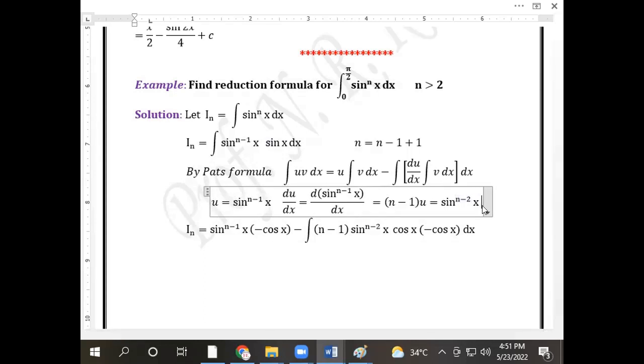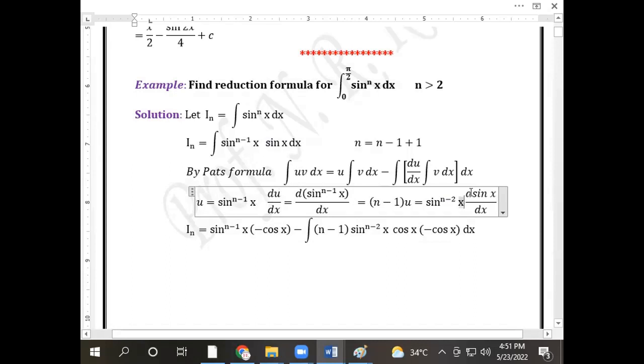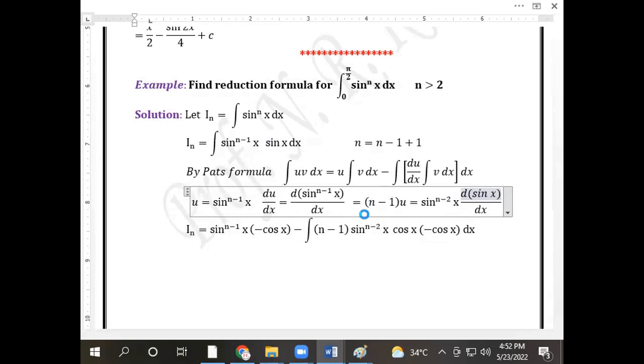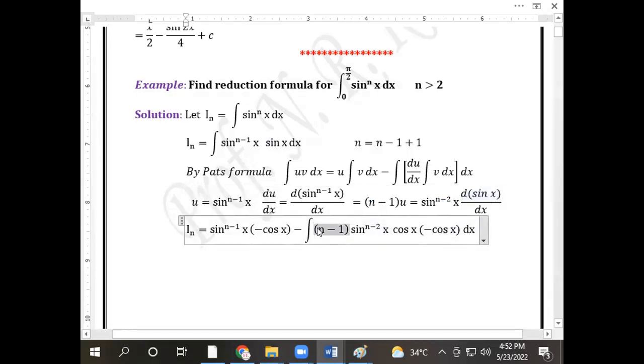Again we have to find the derivative of the sine function, and the derivative of sine x is cos x. So it is the derivative of sine raised to n minus 1 x dx.